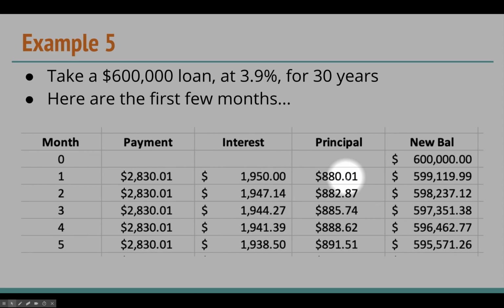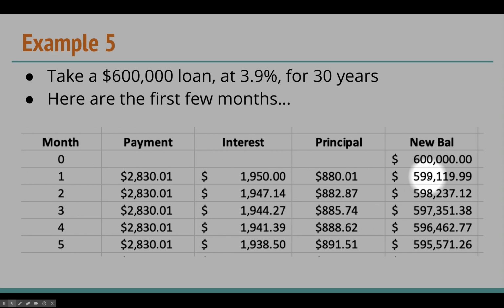In other words, it's going to reduce the total balance of the loan by this amount, $880. If you add these two numbers up here, $1,950 and $880.01, you will get the payment amount, because the payment amount is made up of how much interest you pay to the bank plus how much you reduce the loan balance by. And then the last column tells you what the new balance will be after 1 month.